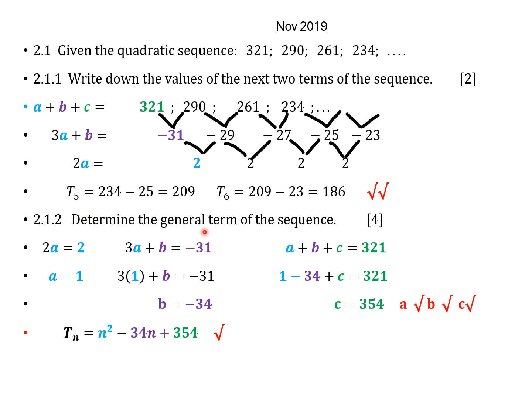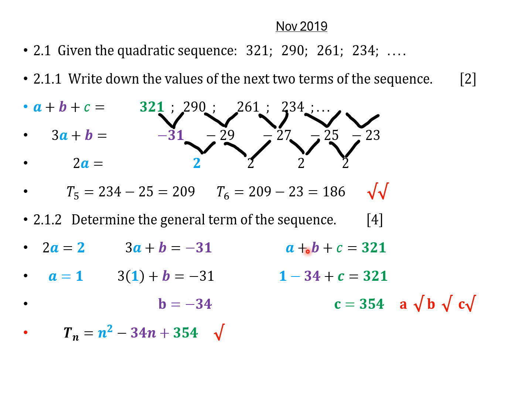2.1.2, determine the general term of the sequence. So again, 2a equals 2, 3a plus b equals -31, and a plus b plus c equals 321. So 2a equals 2, and 2 divided by 2 gives me a equals 1. 3 times 1 is 3, so -31 minus 3 gives me -34 for b.